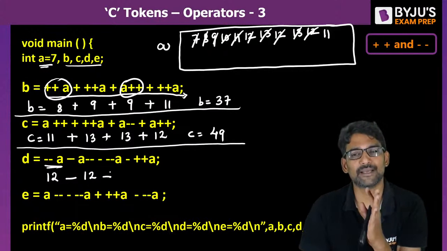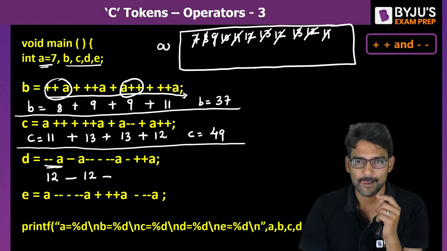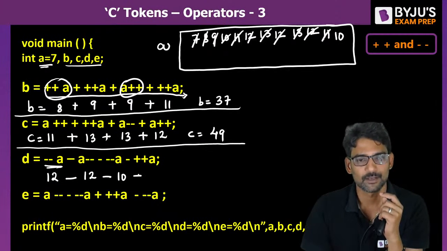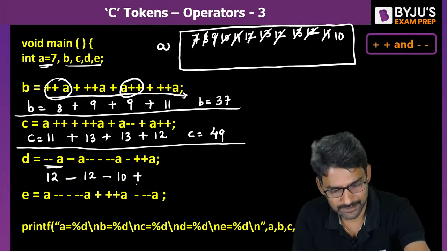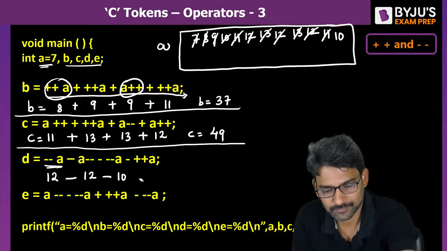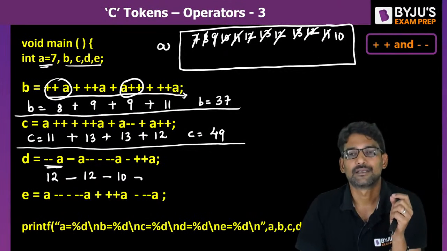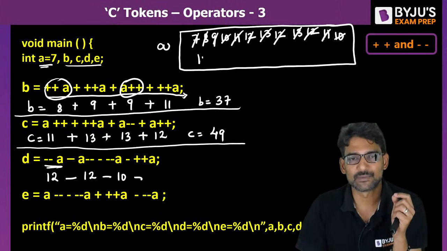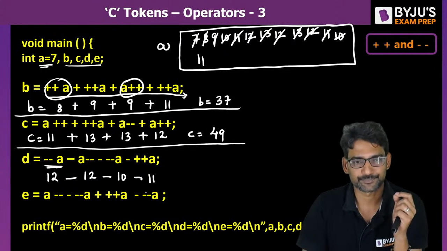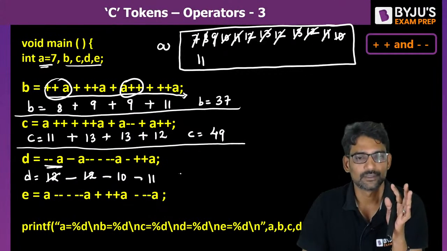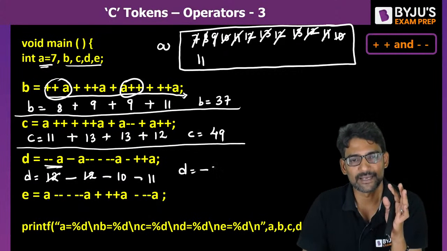Minus --A, first decrement, assign that value, minus ++A, first increment the value, then assign. So what D is going to be? 12 minus 12 gone, and D we got minus 21.